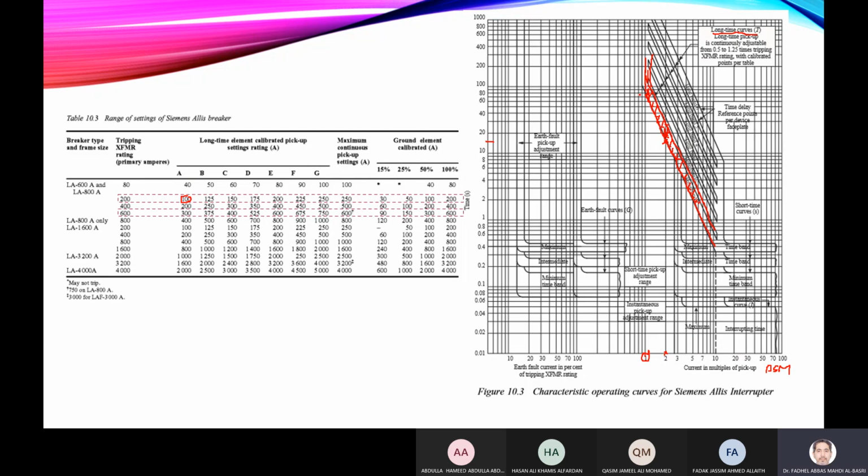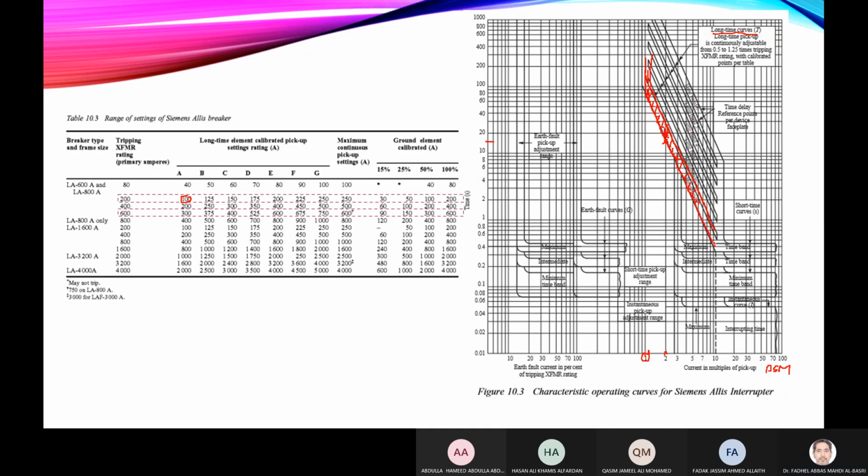Now, this is the long time setting. You have 1, 2, 3, 4, 5, 6 bands that you can choose to change the time. So instead of a time dial, I have a time band to choose from to change the time setting.